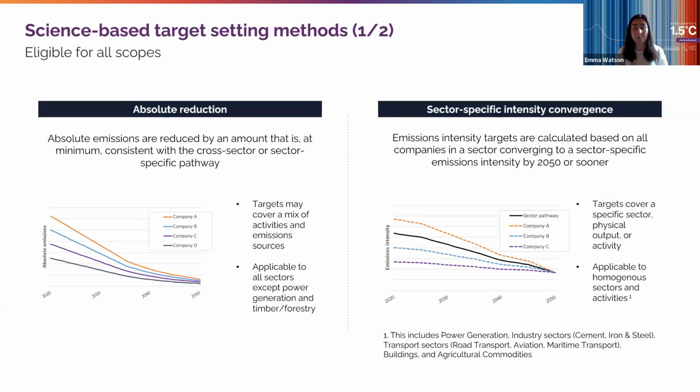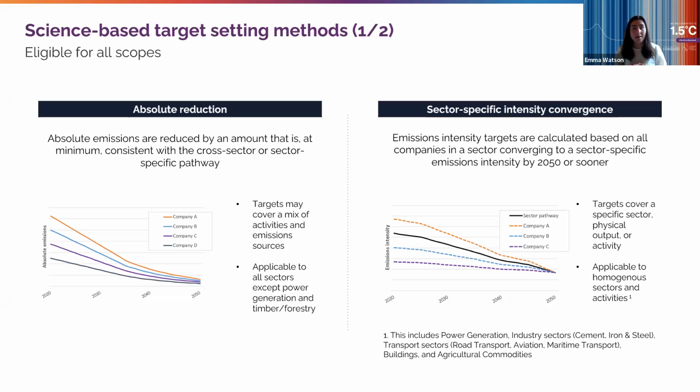We've simplified some of the terminology to try and make it easier for everyone to understand. But absolute reduction target setting methods essentially does what it says on the tin. So a company's emissions would be reduced by an absolute amount that is consistent with a cross-sector or sector-specific pathway. And we're going to talk about these cross-sector and sector-specific pathways in a bit more detail later on.